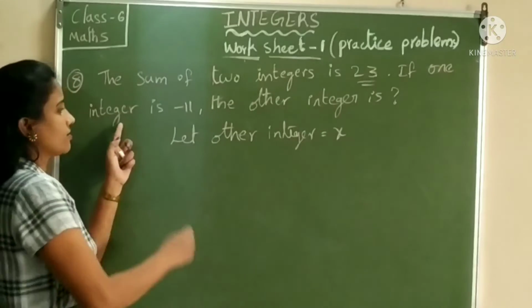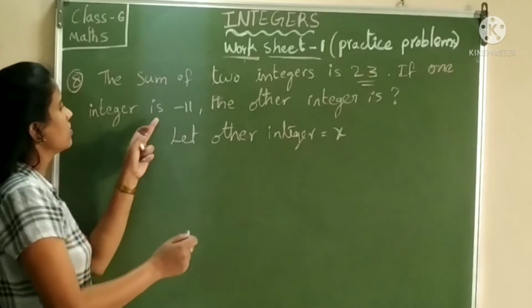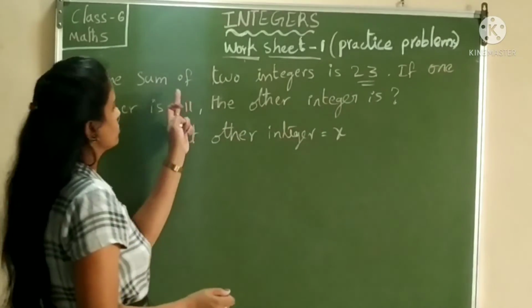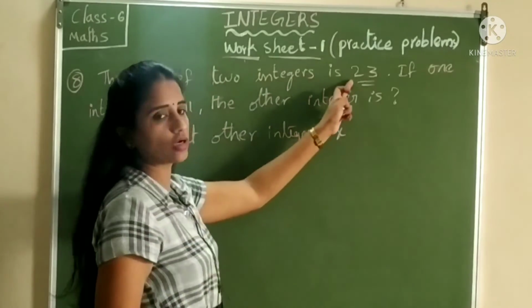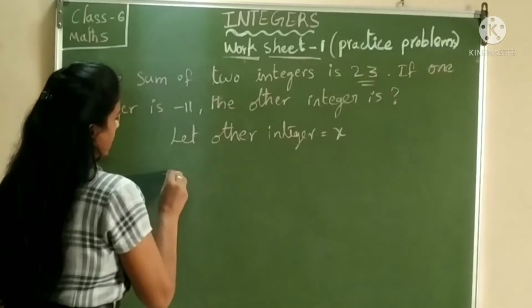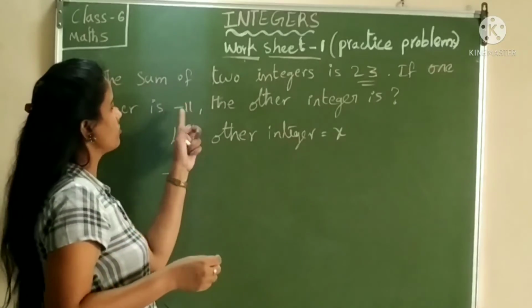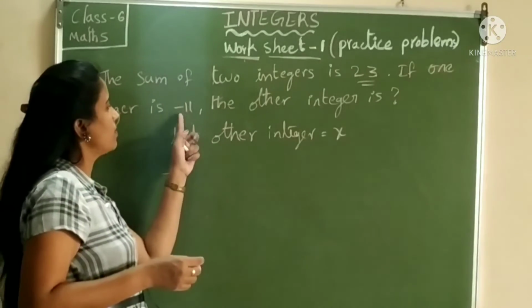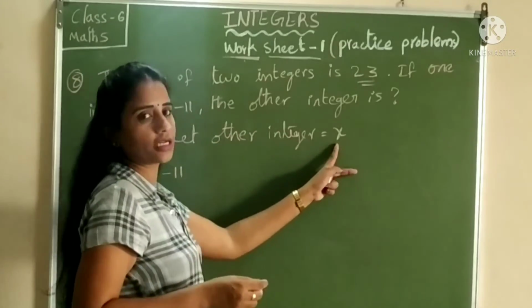One integer value is minus 11, and the sum of the two integers is 23.